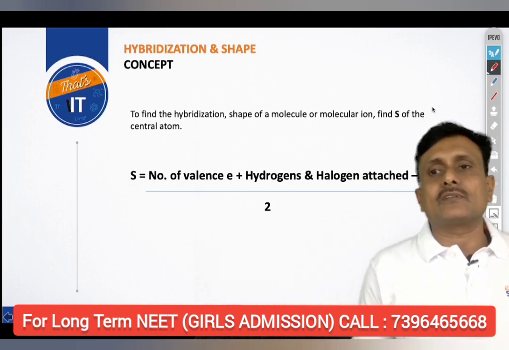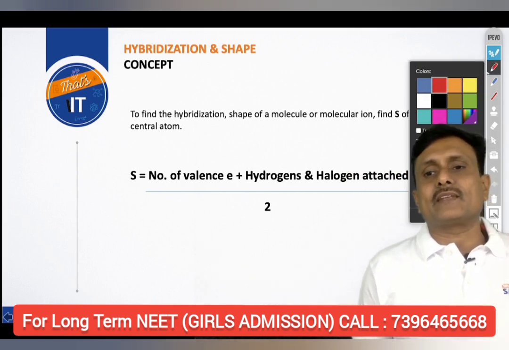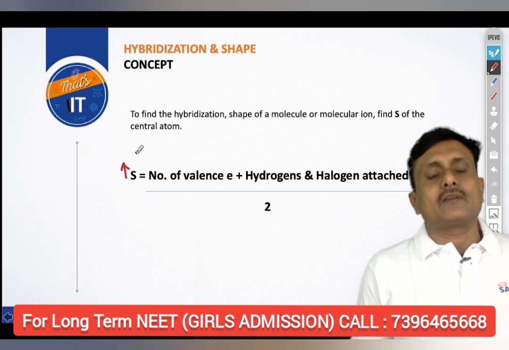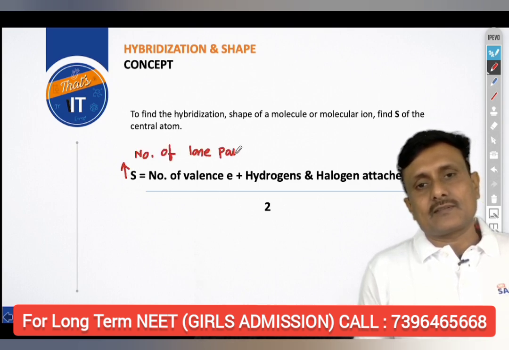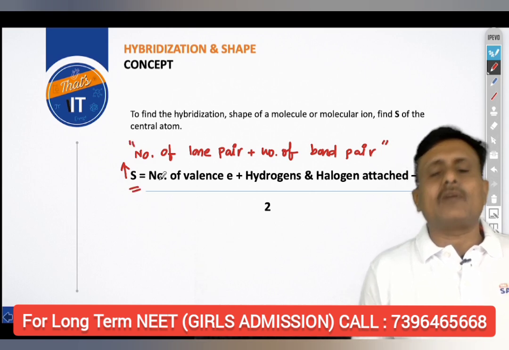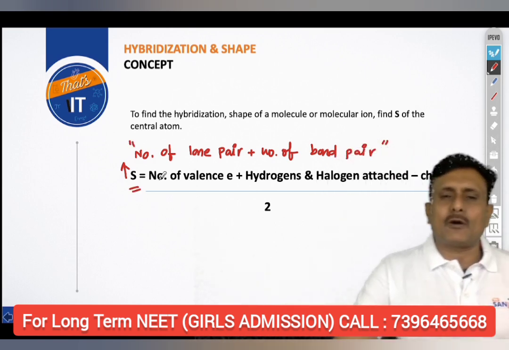S actually denotes the number of lone pairs and bond pairs summation, or the number of atoms attached to the central atom. So this is the sum of lone pairs and bond pairs. Now the formula goes like this.